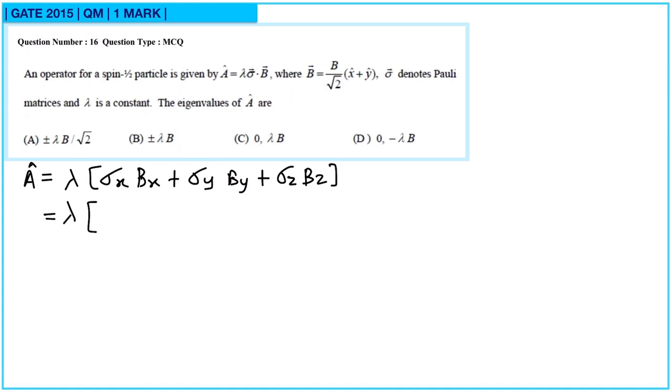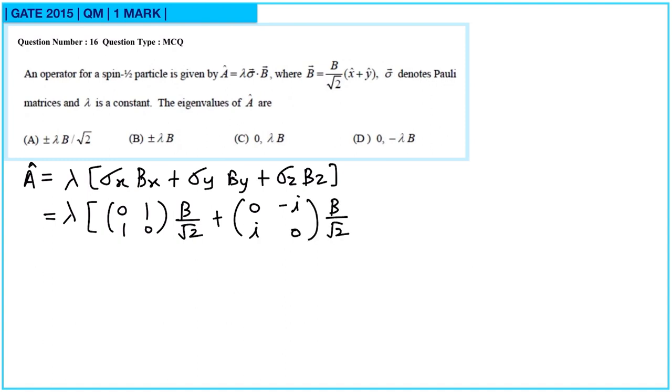This is equal to lambda. Sigma x is 0, 1, 1, 0. Bx is b by root 2, plus sigma y is 0, minus i, i, 0, into By, which is b by root 2, and Bz is 0. So the last term will be 0. So this is equal to lambda b by root 2 into the matrix 0, 1 minus i, 1 plus i, 0.